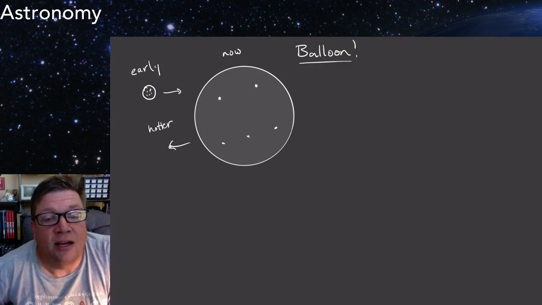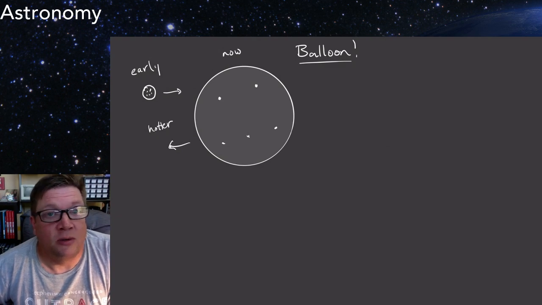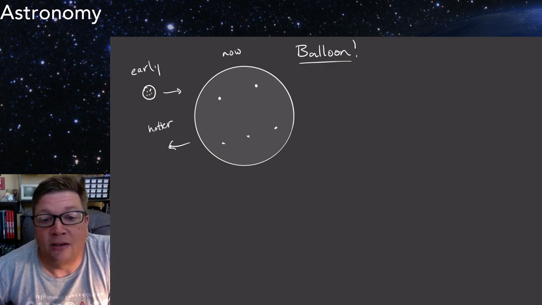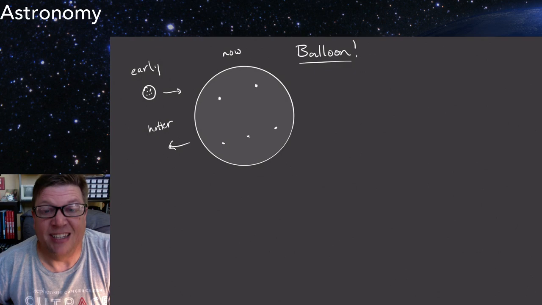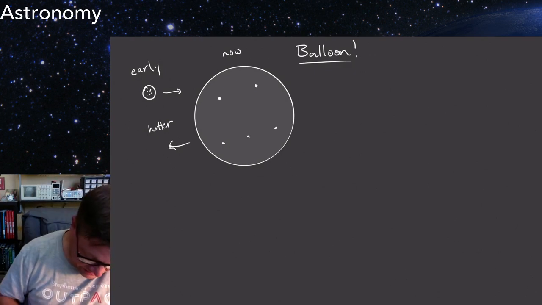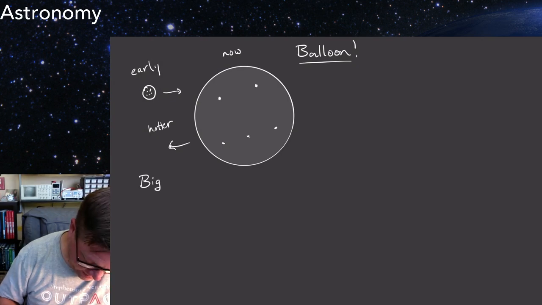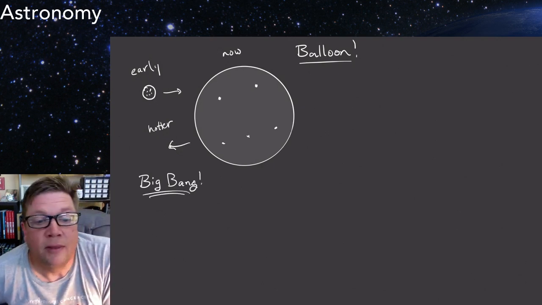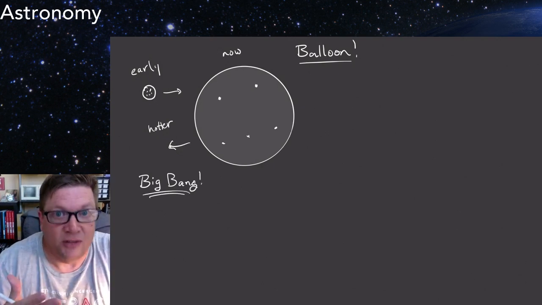If the universe gets hotter and more dense, if we just run the clock all the way back, we get to a point eventually where the universe was so hot and dense that fusion could have taken place, right? The entire universe could have been an extremely hot, dense state. And we call this idea the Big Bang, because then you run it forwards and it's almost like an explosion.